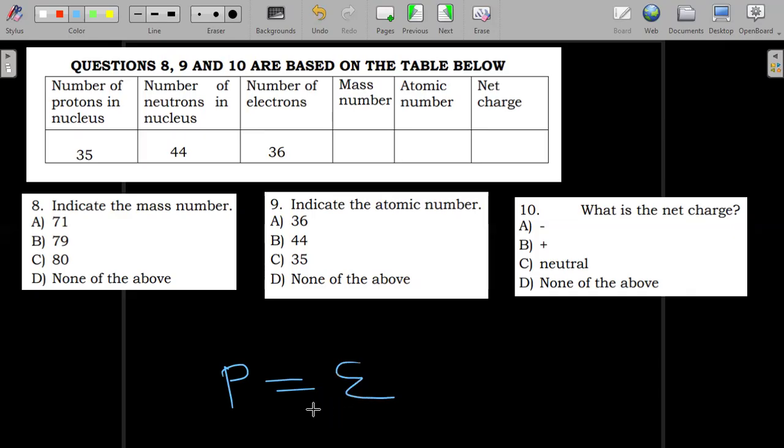So all those elements that you can see on the periodic table, they are neutral. So it means the number of protons and the number of electrons are the same. The number of protons and the number of electrons are the same in a neutral atom.